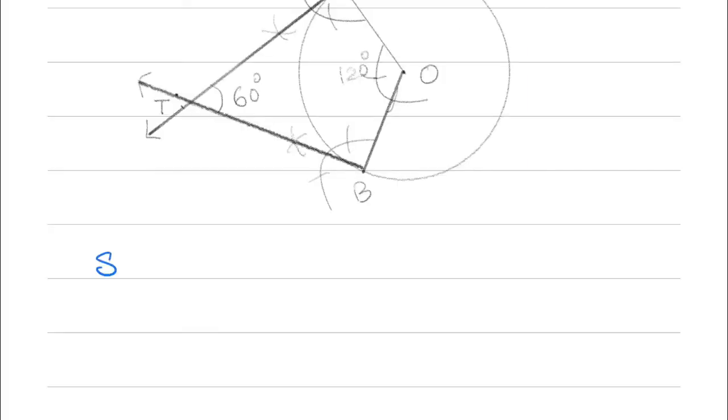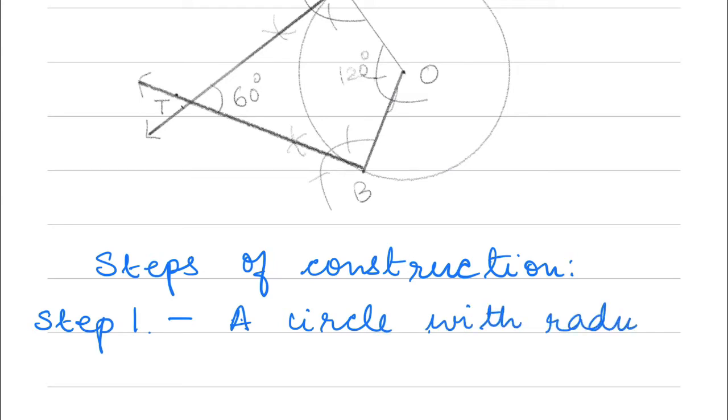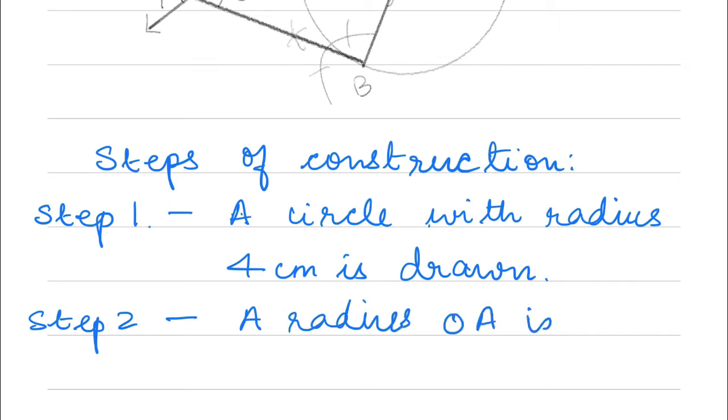Now we can write down the steps of construction. Step 1, a circle with radius 4 centimeter is drawn. Second step, a radius OA is drawn.